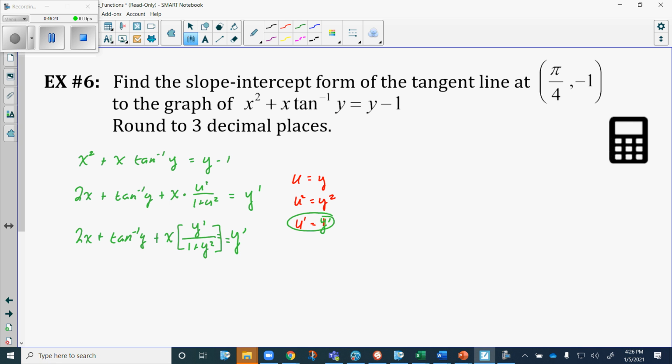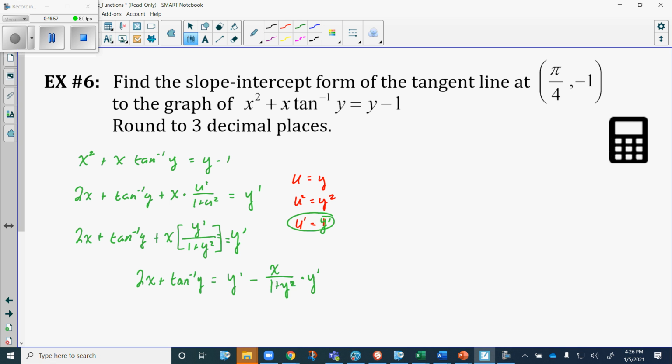We want to take the y prime term on the left side and move it to the right side. So that's going to give me 2x plus tan inverse of y to be equal to y prime minus, and here I'm going to write it as x over 1 plus y squared times y prime.